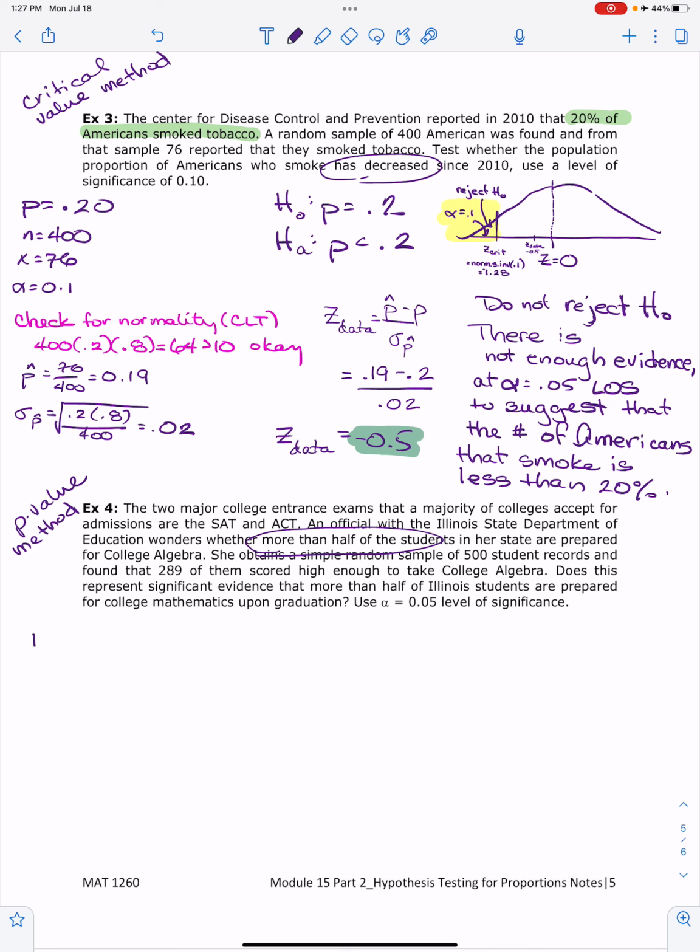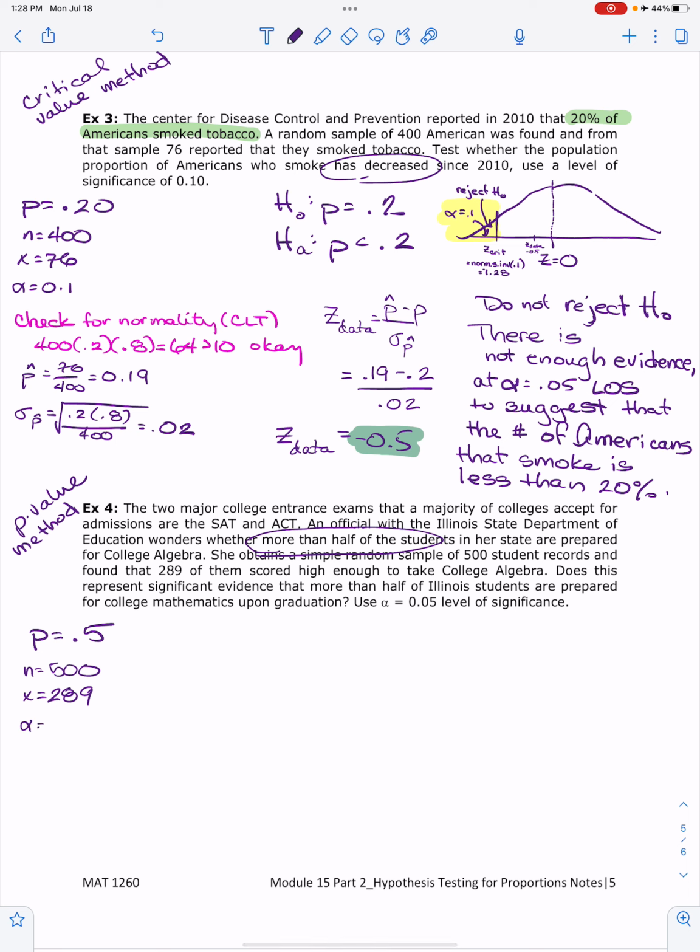So we are comparing to a p-value of 0.5. Prepared for college algebra. She obtains a simple random sample of 500 students. Found that 289 of them score high enough to take college algebra. Does this represent significant evidence that more than half of Illinois students are prepared for college mathematics upon graduation?